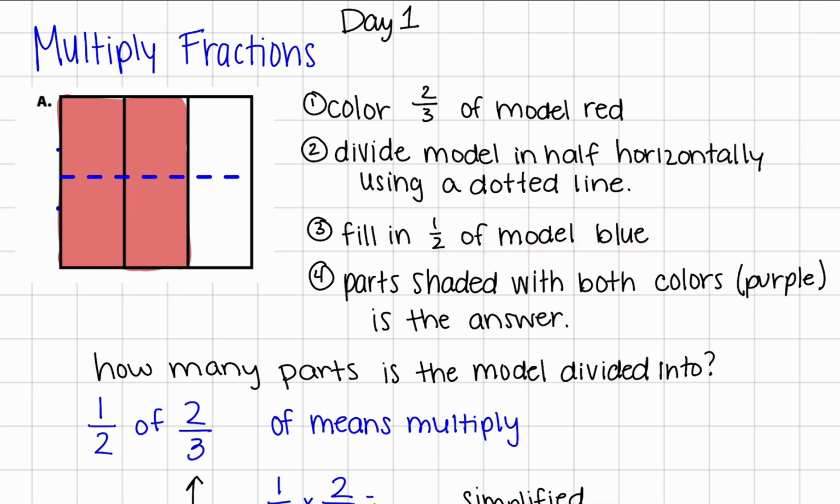Okay. So we're looking at this dotted line has divided the whole model in half. So we're going to color 1/2 of that model blue. Okay, I'm going to take my blue and I'm going to color 1/2.